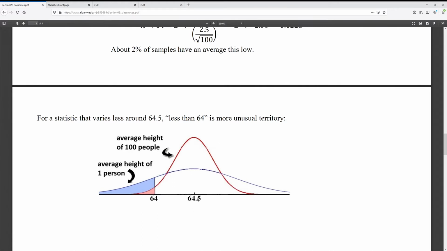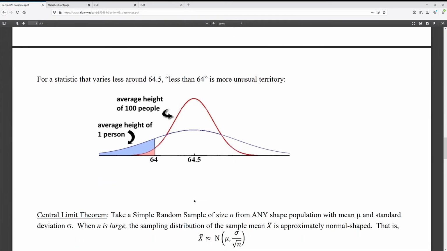For the average of 4 elves, it looks like the red curve, also centered at 6, but half as spread out. Square root of 4 as spread out. Anyway, taller and thinner. So if this is 6 and this is 5.8, then as unlikely as it is for a particular elf to be less than 5.8 feet, the blue area, it should be even less likely that the average of 4 should be that short, right?